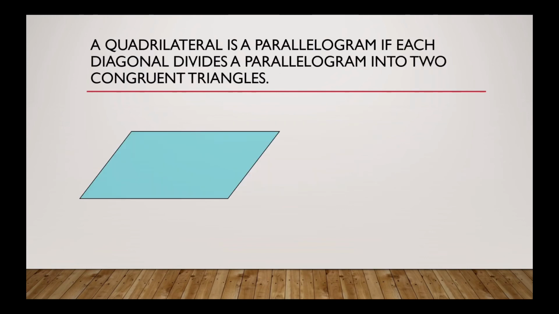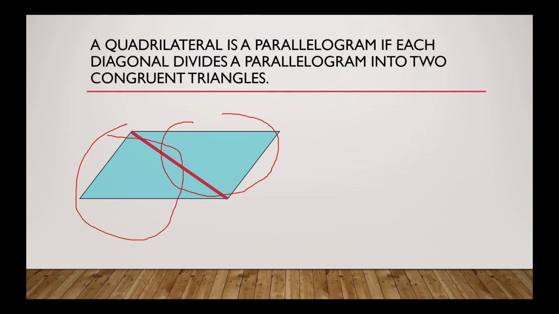Okay, so moving on with the fifth condition, a quadrilateral is a parallelogram if each diagonal divides a parallelogram into two congruent triangles. So by using the same figure below, kapag naglagay tayo ng diagonal, then we can notice that this triangle is congruent to this triangle.